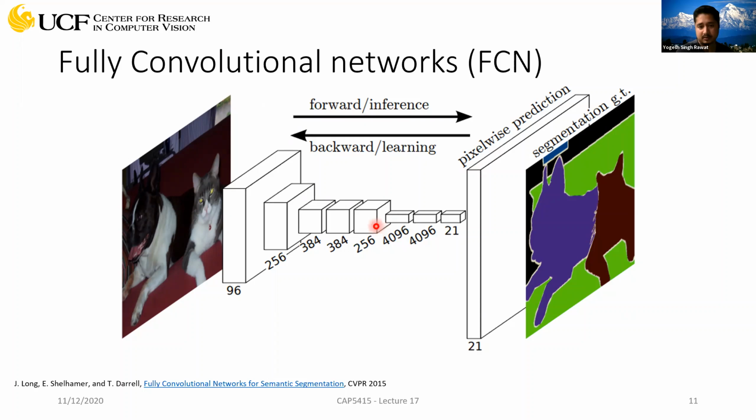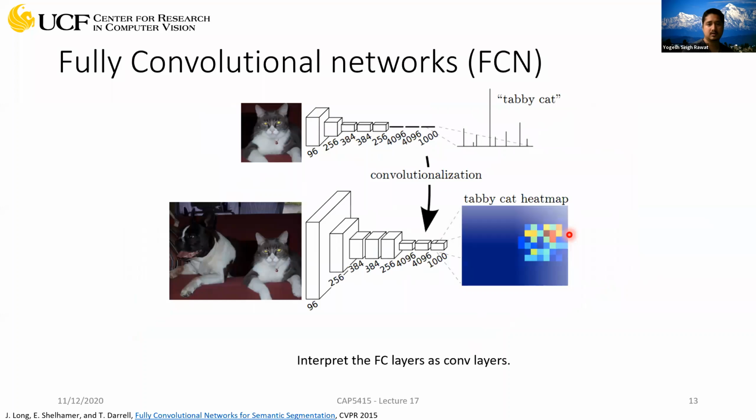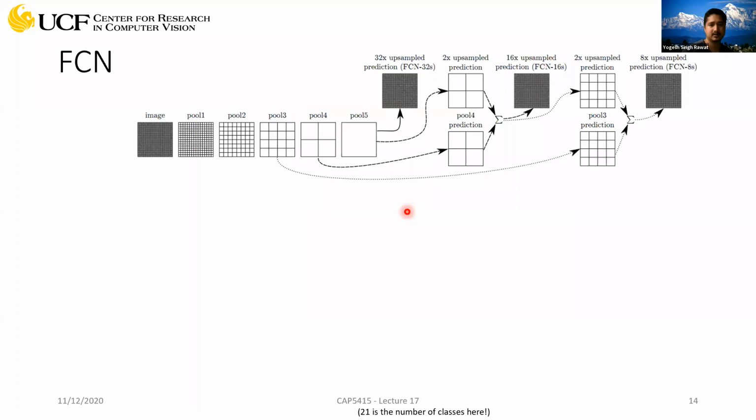So the idea is, what if you use features from these earlier layers, which are of high resolution, to make these predictions? That idea works pretty well, and later we will see that in almost all of the networks we're going to talk about, we have those kinds of skip connections to improve the performance. So that was the idea: you convert your fully connected layers to convolution, and then you can use your existing network for that.